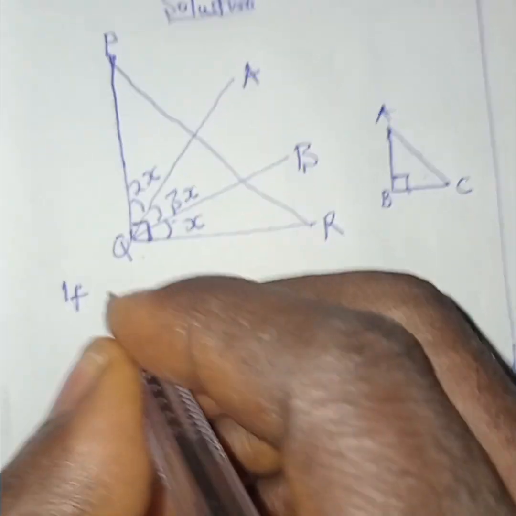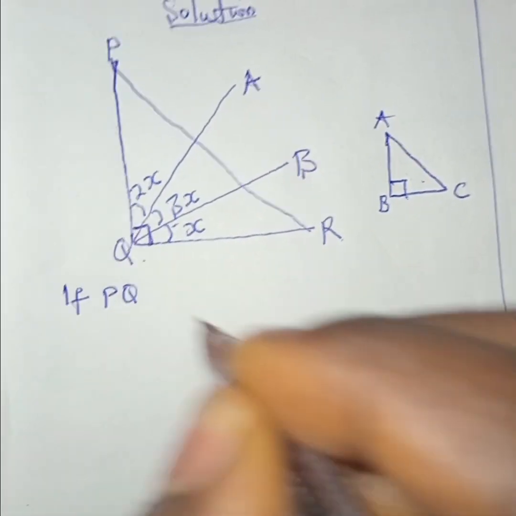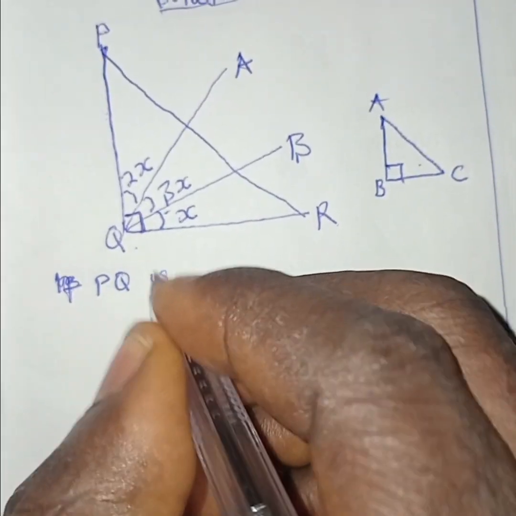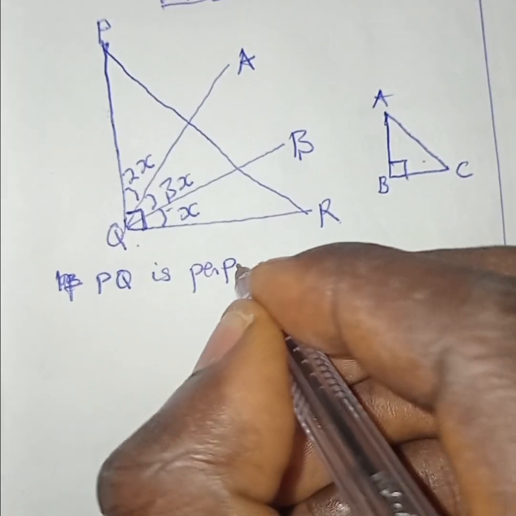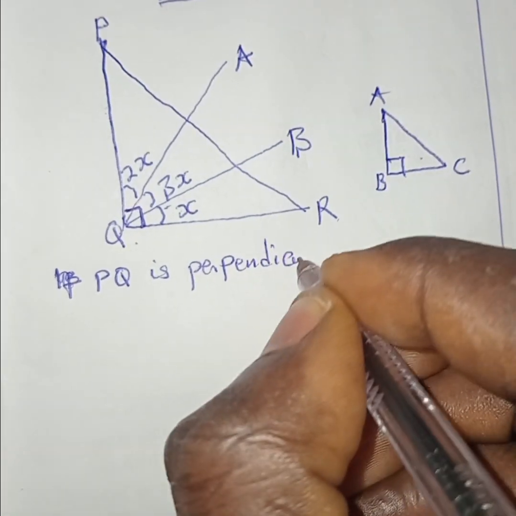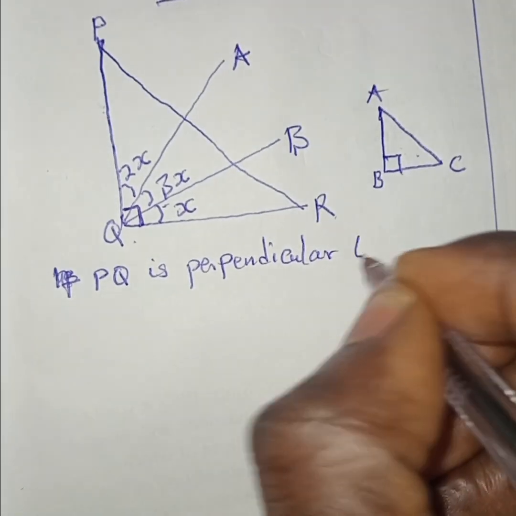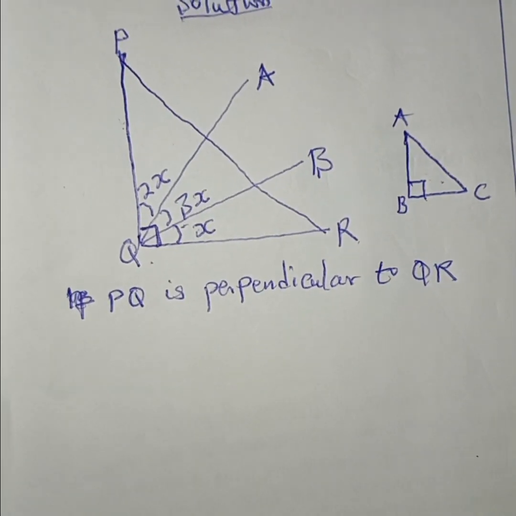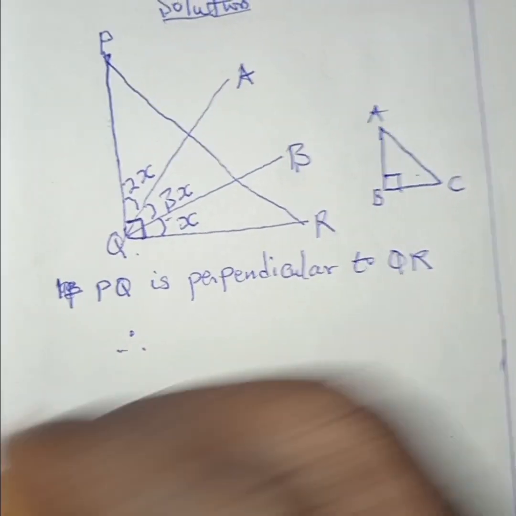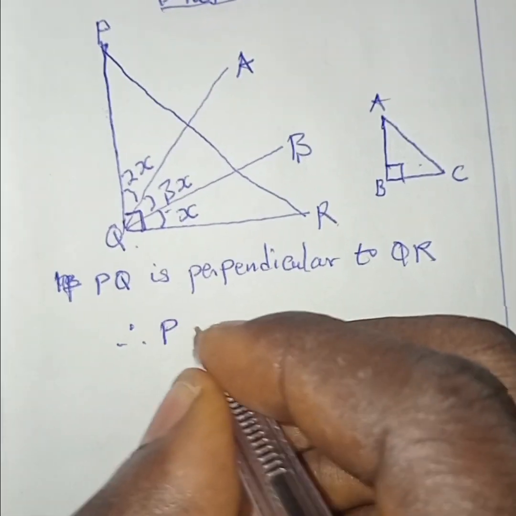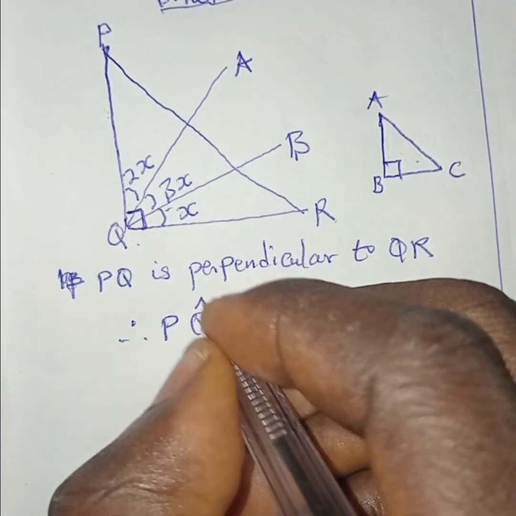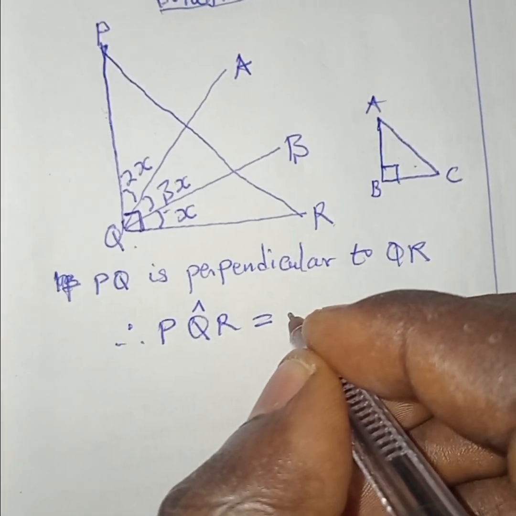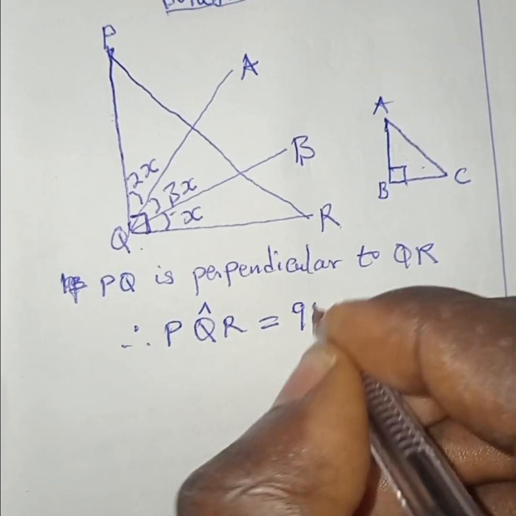If PQ is perpendicular to QR, all right, therefore PQR equals what? PQR equals 90 degrees.